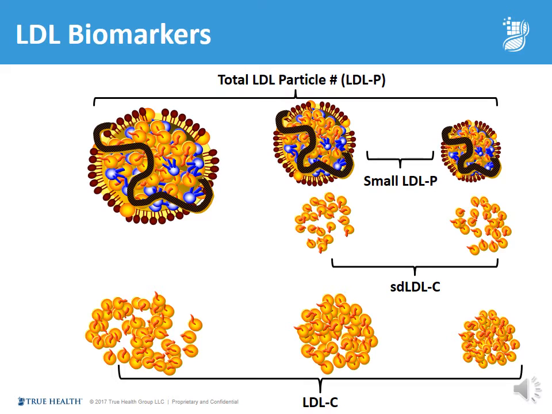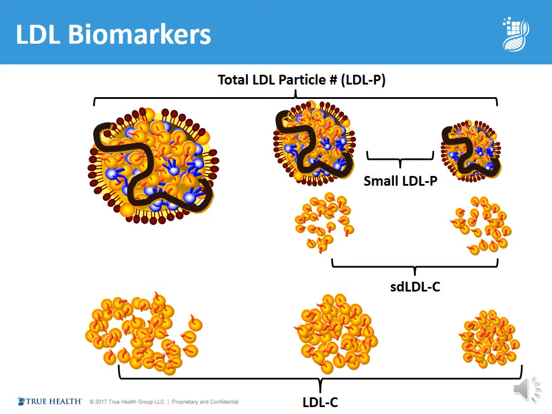And it has been highly correlated with risk, and it is used as a goal of therapy, depending on the underlying cardiovascular risk. Now, NMR can also tell a clinician how many small LDL particles are present. Total LDL particle count would be the sum of large and small. Small LDL particles are most commonly seen in diabetics and insulin-resistant patients, and it really serves as a lipoprotein biomarker suggesting the presence of insulin resistance.